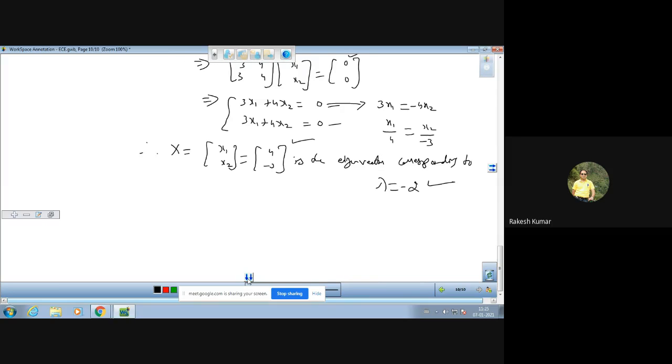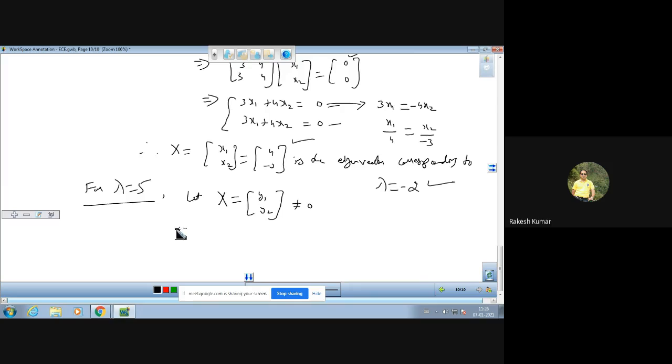As many eigenvalues there are, that many eigenvectors there will be. So for the second eigenvalue, lambda equal to 5, we also have to find the eigenvector. Let us take y now; you can take x also, that is not an issue. Let us change the variables: earlier it was x1, x2, now take y1, y2.